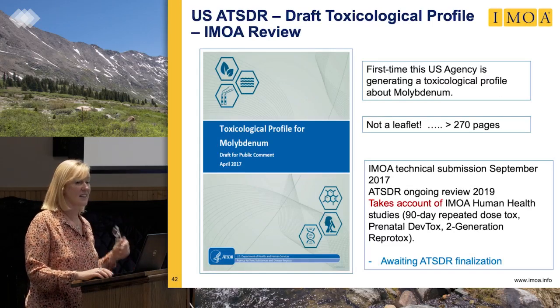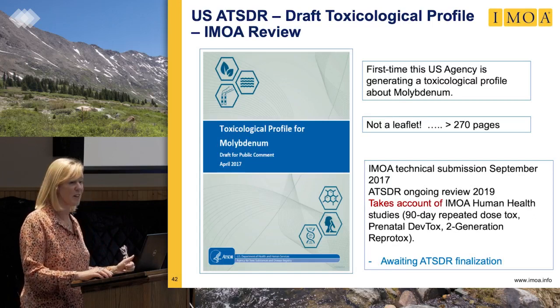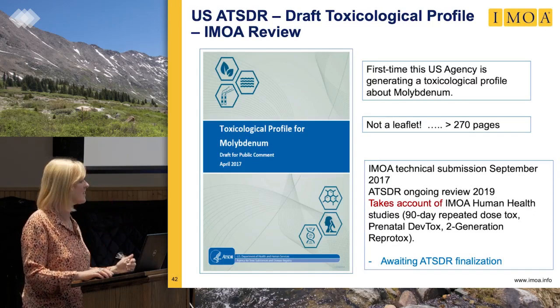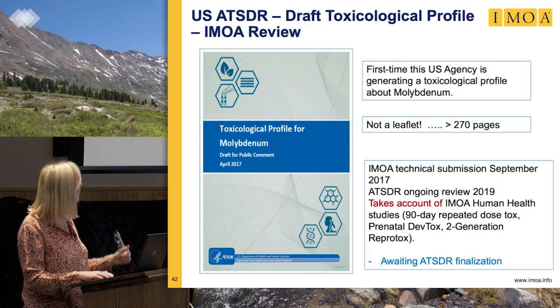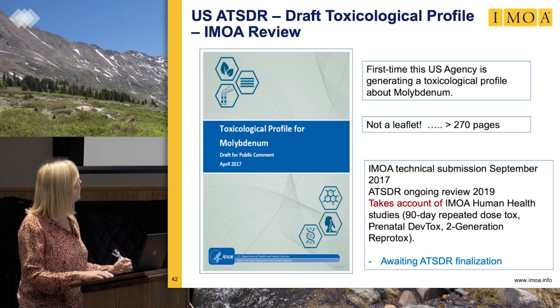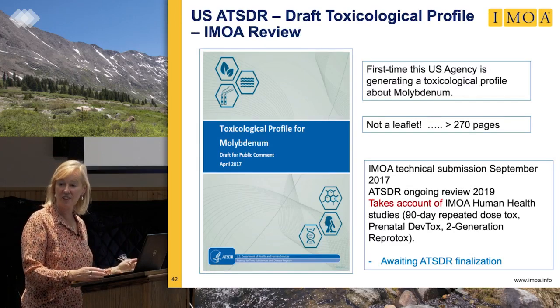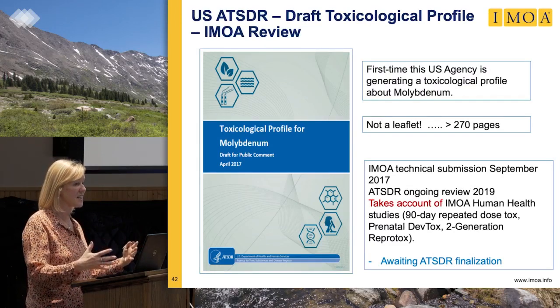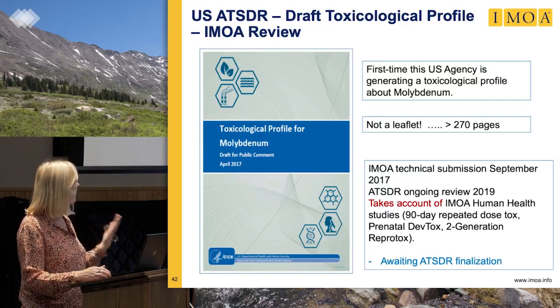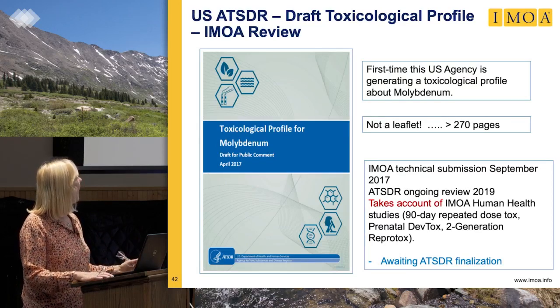I understand that's something the Colorado regulatory community are also interested in looking at. When they do this kind of work, first of all, they do a public consultation and a data call-in, if you'd like to send data. Obviously we sent our data set, and they started in 2017.